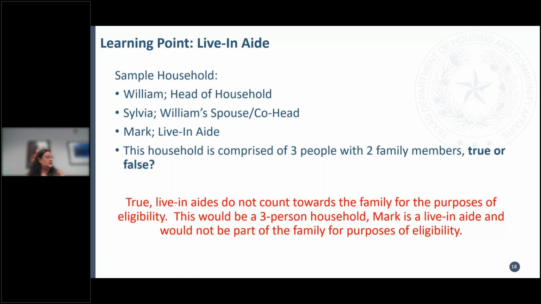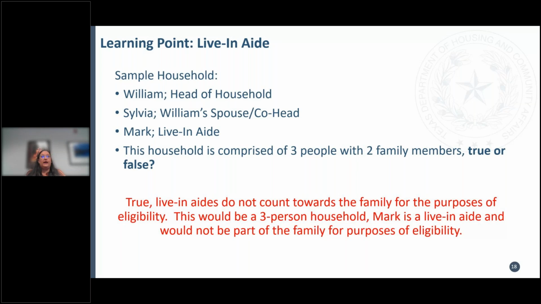Does that get us wrapped up on live-in aide questions? Nope. Oh, okay. How are live-in aides with children handled? Can the children be included as a live-in aide? So a child of a live-in aide is an extension of the live-in aide. But remember, the live-in aide would not be part of that household otherwise.